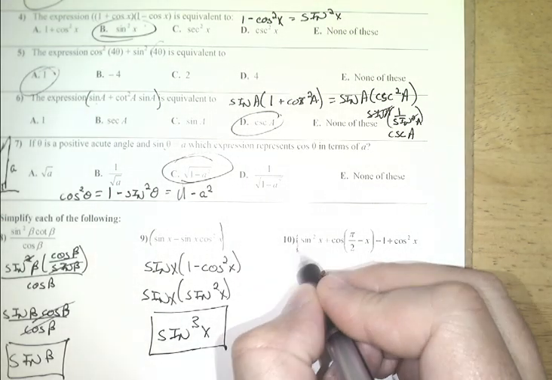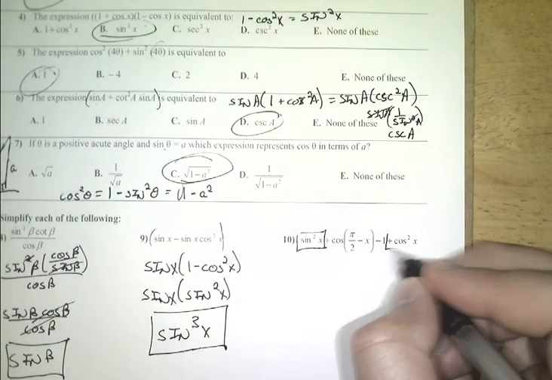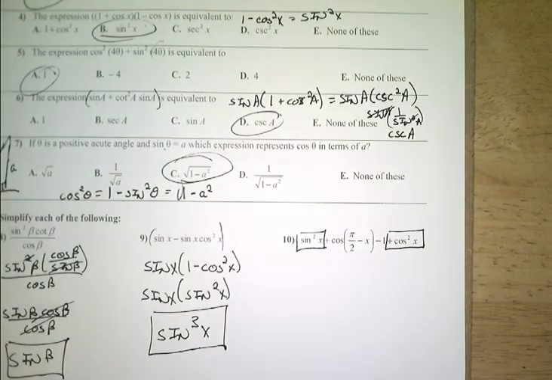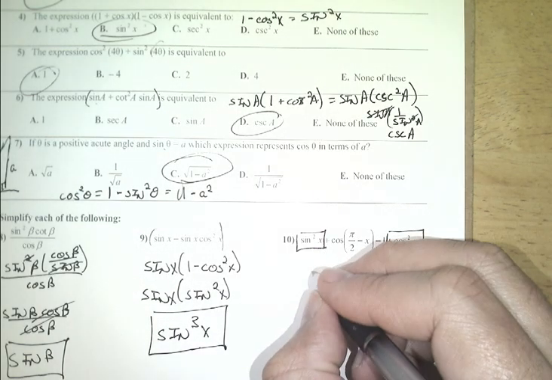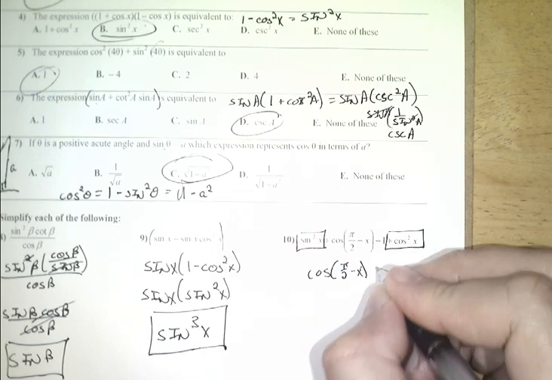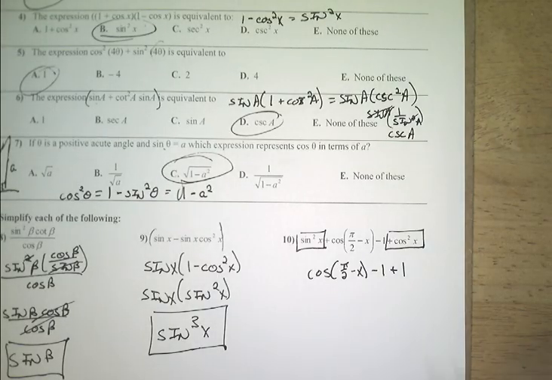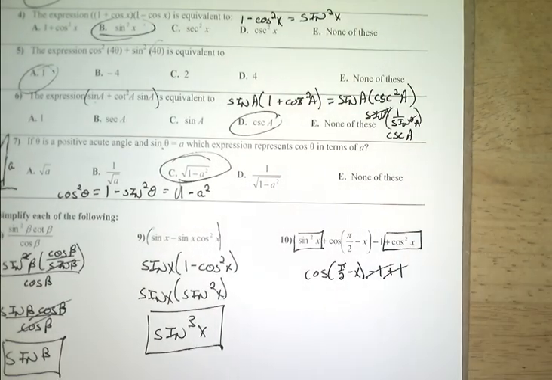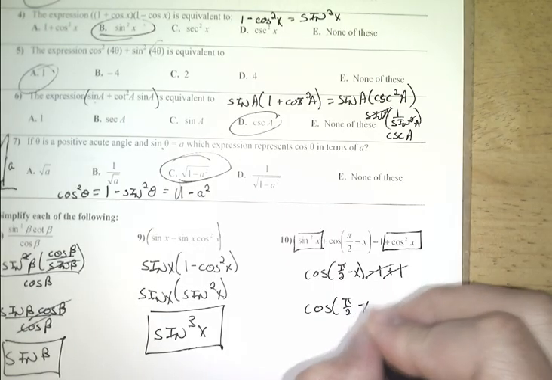I have a positive sine squared x here and a positive cosine squared x. Sine squared x plus cosine squared x is 1. So this will be cosine of pi over 2 minus x minus 1 plus 1. So those two cancel out. That leaves me with cosine of pi over 2 minus x.